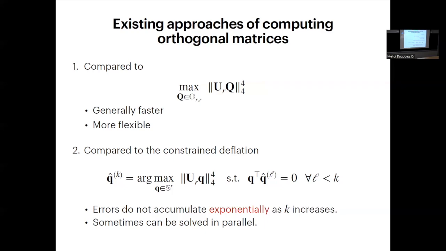Yeah, the question asks, instead of solving the original problem, what if we solve a relaxed version, where we relax the orthogonality constraint Q transpose Q equal to identity to Q transpose Q smaller than identity. Yes. That smaller is a matrix ordering, right? And can the final estimator, or stationary point, be analyzed?